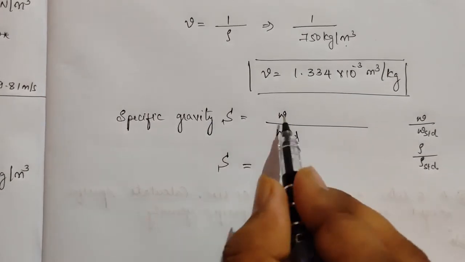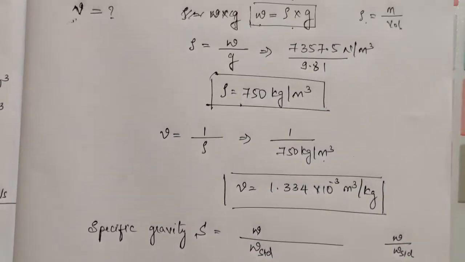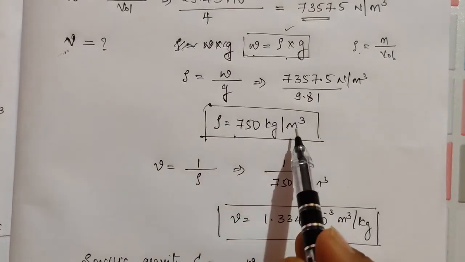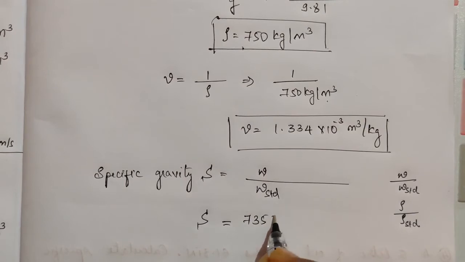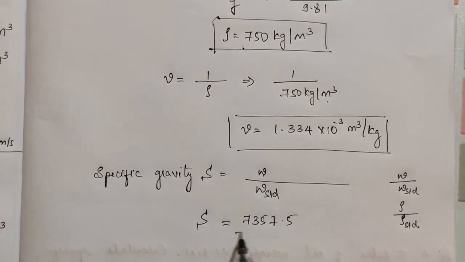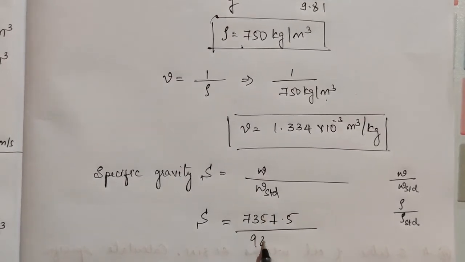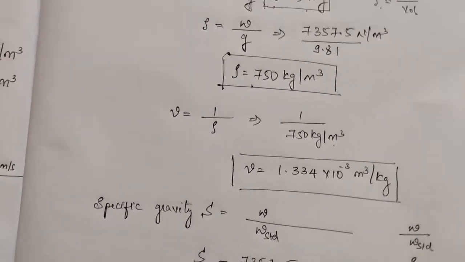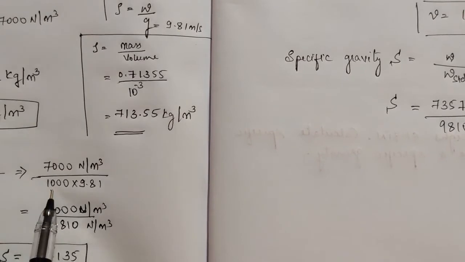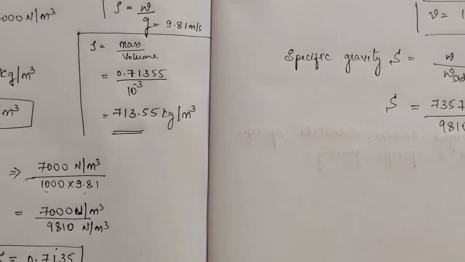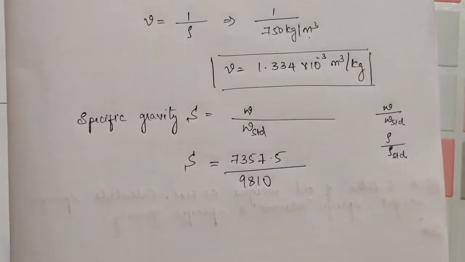So specific gravity is equal to, what weight have we got? It is 7357.5. So 7357.5 divided by 9810. I already showed how that 9810 comes: 1000 into 9.81, 9810.